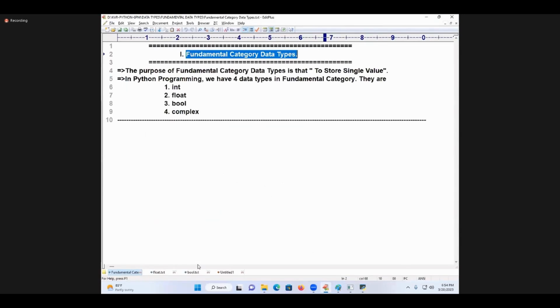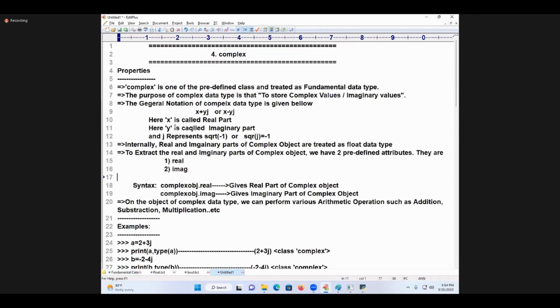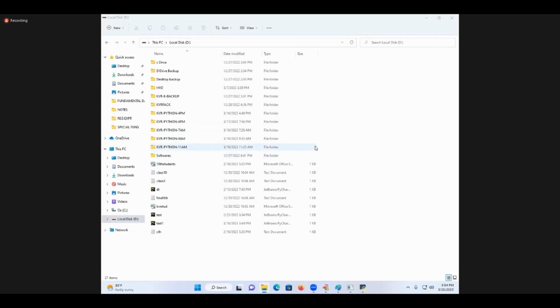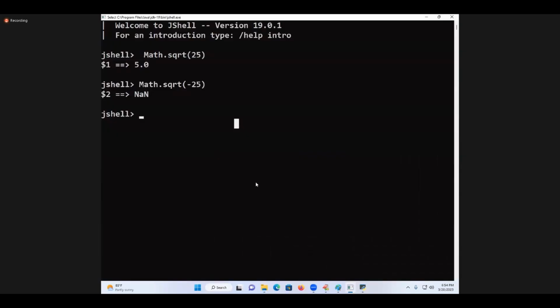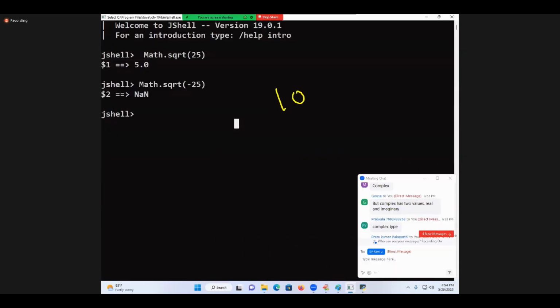That's why sometimes I get very tense about you. x plus yj, x minus yj, a number is like that. Right? Now, Gauss, my dear student Gauss. 1000 is there, I'm not calling it 1000 rupees. Why? 1 is separate, 0 separate, 0 separate, 0 separate. Make 1000 pieces.